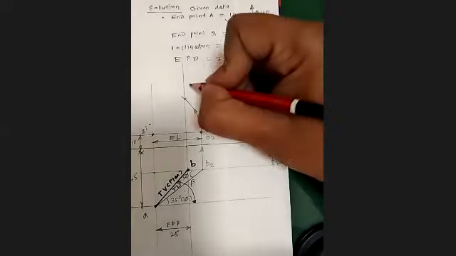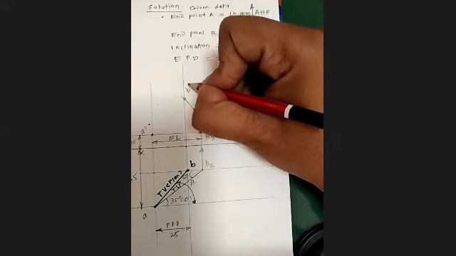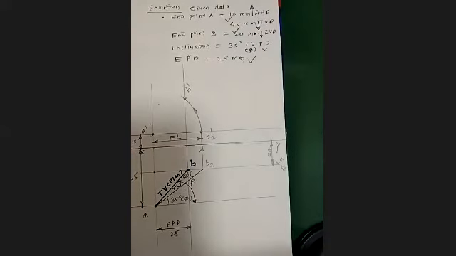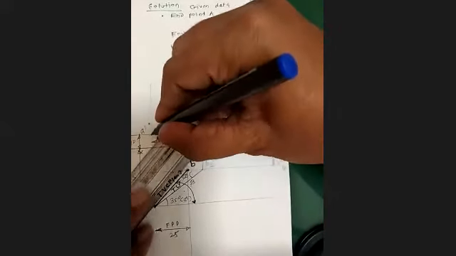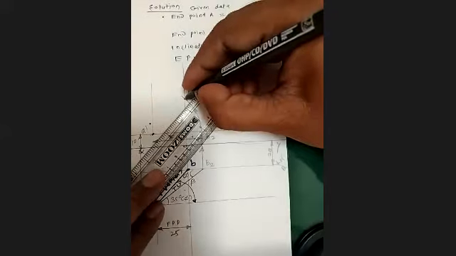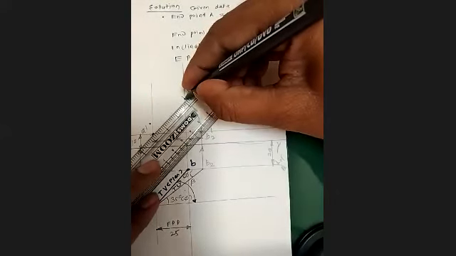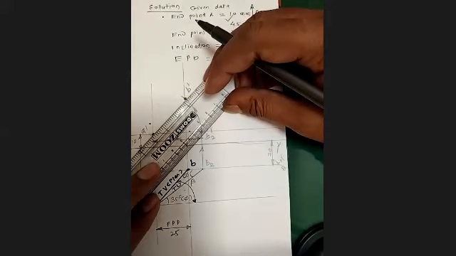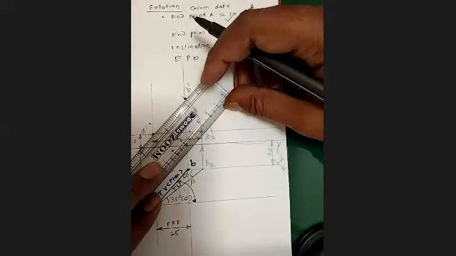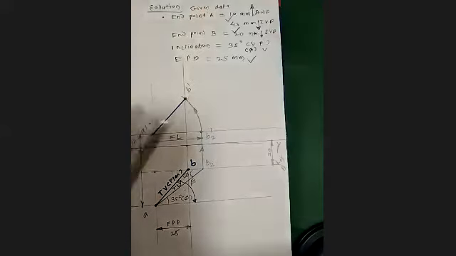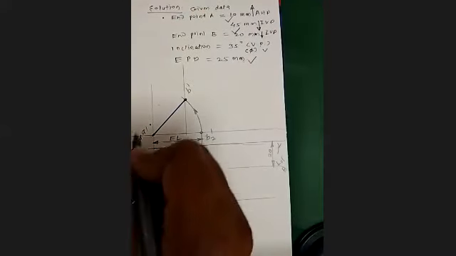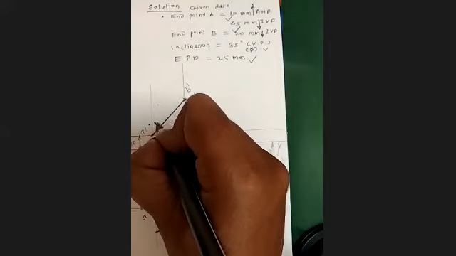This point will be the B dash point. Now I can join this B dash with A dash. Okay. So this is nothing but your front view.